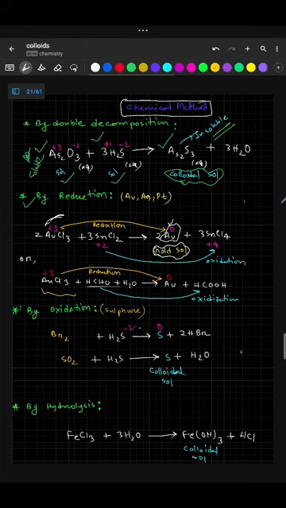So from this process the sulfur has lost 2 electrons, and when in a process an atom or a charged thing loses electrons, we know it as oxidation, and by this oxidation process, we get colloidal solution.